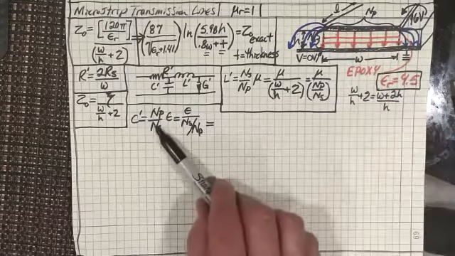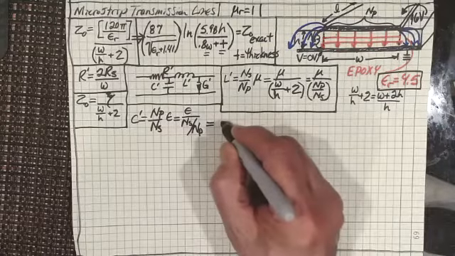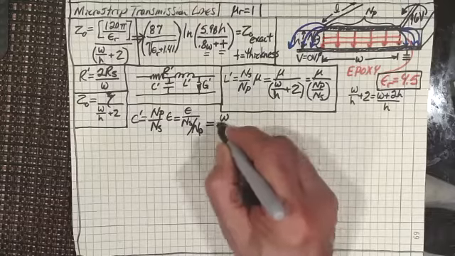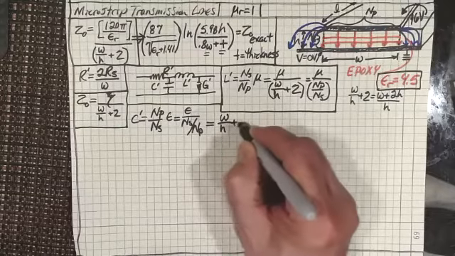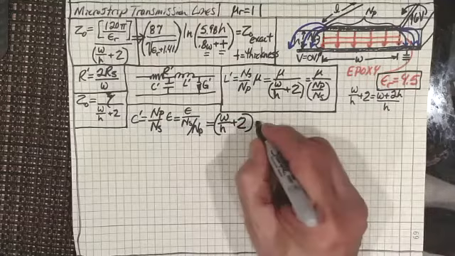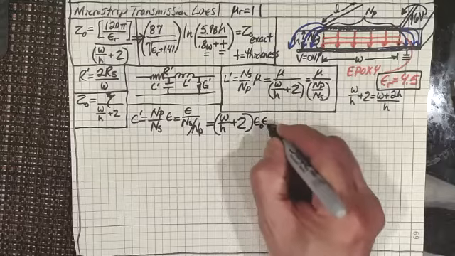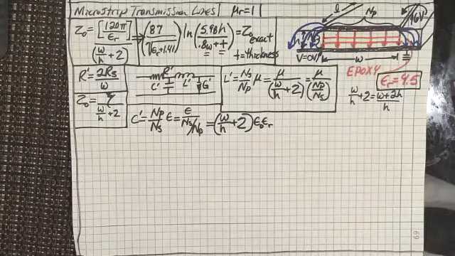So the way that I'm going to write this is I'm going to say that this is W over H plus 2, and again, that 2 is due to fringing effects, times epsilon sub 0, epsilon sub r. Does everyone see how I got that? I hope.